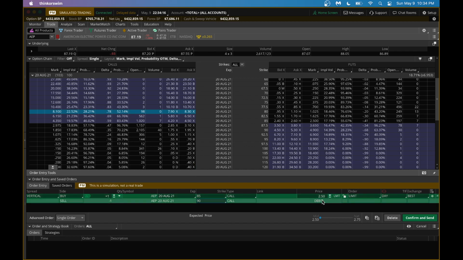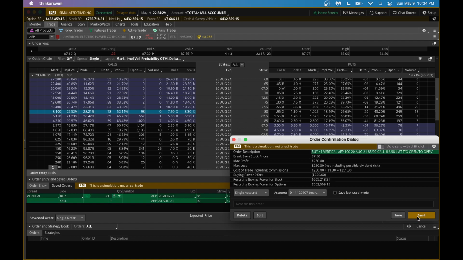You're paying $2.50, and the remaining $2.50 is your profit potential. This is also a very low price. You're risking 250 to make 250. That's a good risk reward. You could confirm and send this too.